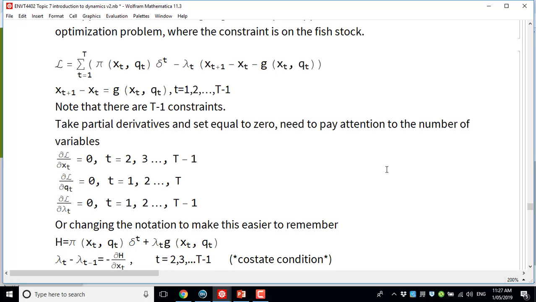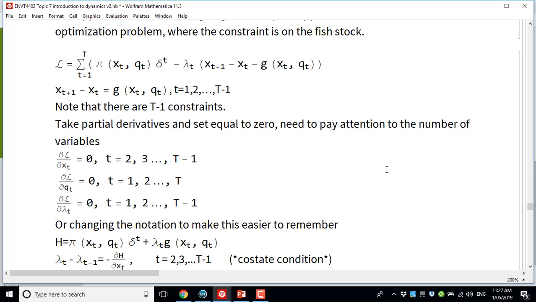but we also have this summation because we have to look at this problem over time. And in fisheries economics, they say that the end of time is infinity. Well, that's a bit problematic because if you're doing mathematical programming, you can't put in infinity because your software will just sort of collapse.